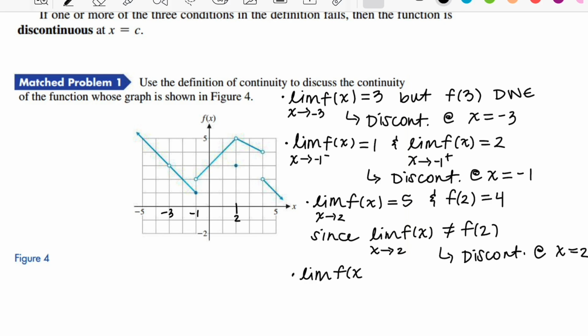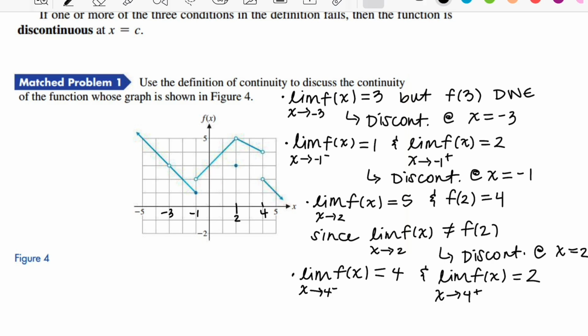All right, and then lastly, we'll look at the limit of our function as we get closer and closer to 4 here. So look at 4 from the left first. You can easily see that as we get closer and closer to 4 from the left, we're getting closer and closer to 4 here. And if we look at our limit from the right, we see that our function is getting closer and closer to 2.